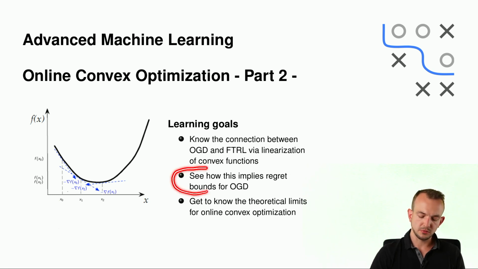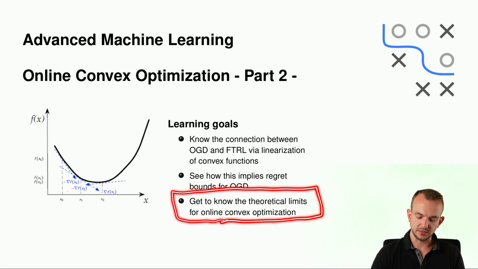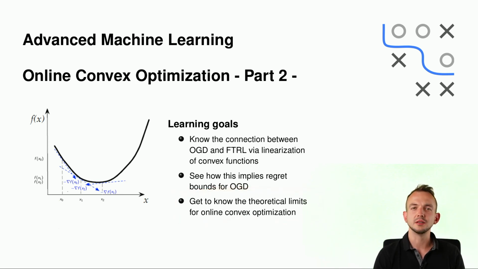This will more or less immediately give us a regret bound for online gradient descent. Then we will compare this bound with the lower bound, which essentially tells us the theoretical limit for any online learner for an online convex optimization problem.